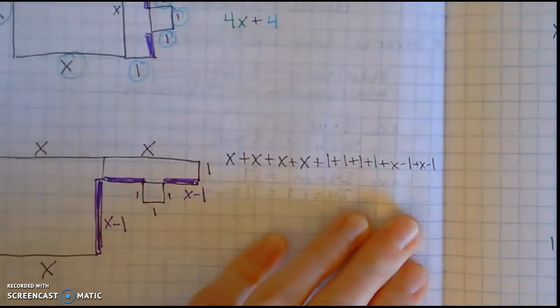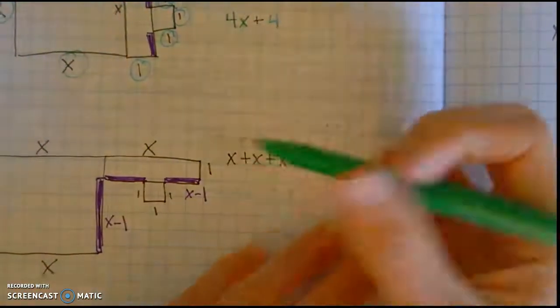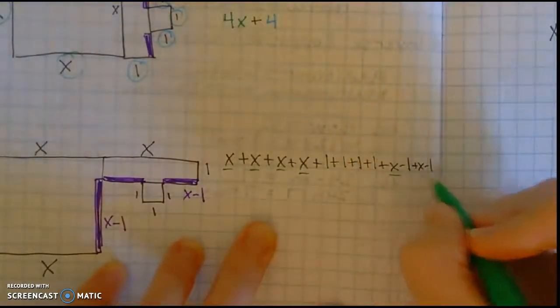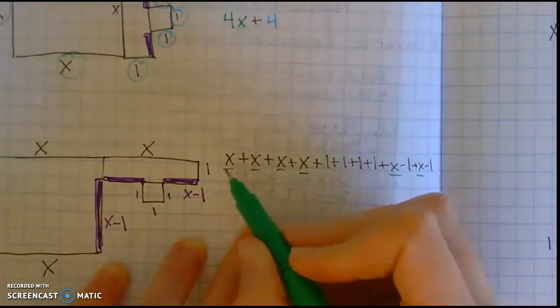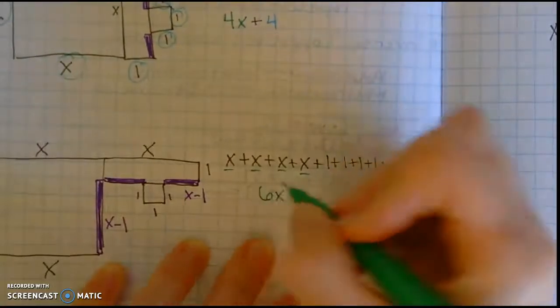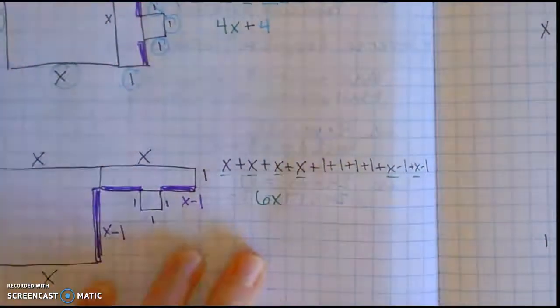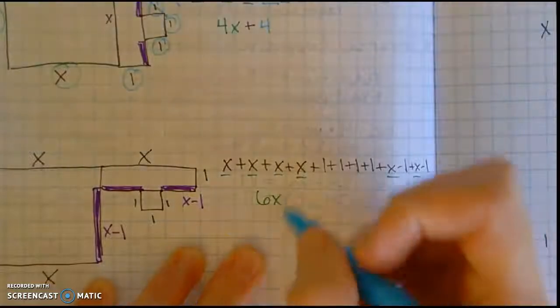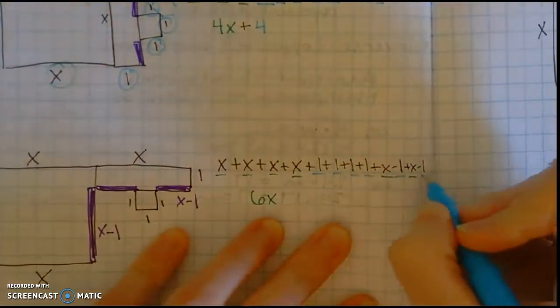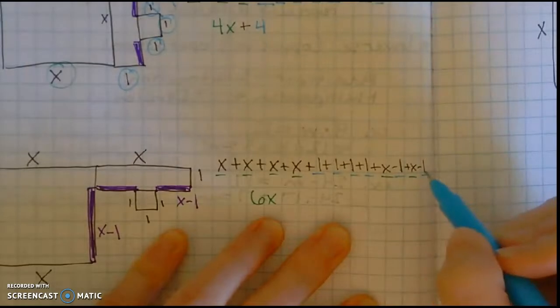All right, so now let's underline those x's and numbers. So x, x, x, x, x, x, those are all positives. And now I have 1, 2, 3, 4, 5, 6 x's. And now I'm going to get all my whole numbers. 1, 2, 3, 4. Okay, so that's a minus 1 and that's a minus 1.